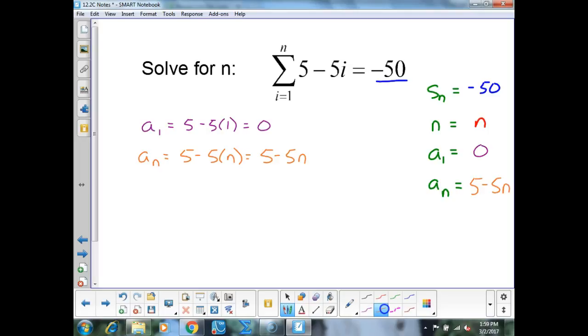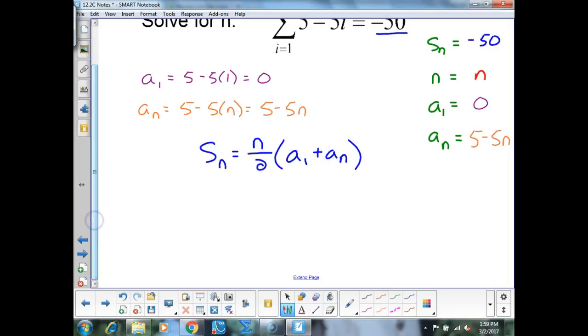Now we can go to our sum formula. Remember, our sum formula from yesterday was the number of terms divided by 2 times the sum of the first term plus the last term. So I know that my sum here is negative 50.